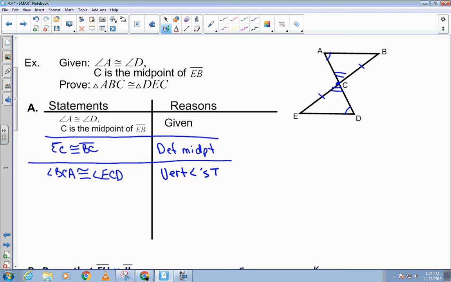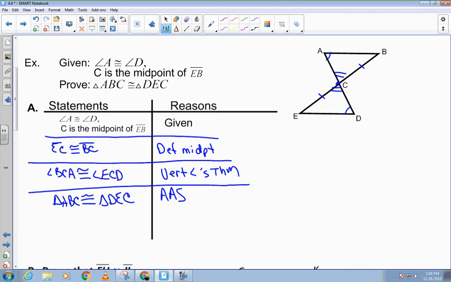Vertical angles theorem. Okay, so that takes care of an angle, a side, and another angle was already given to us. So this triangle ABC is going to be congruent to triangle DEC by what? AAS, right? Because the side is not in between the angles, yes? Correct? Okay.